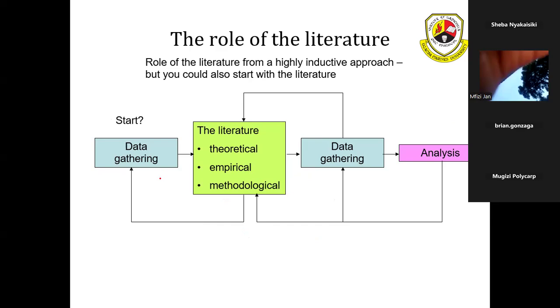So what is the role of literature? Sometimes they tell us that with qualitative research, you start collecting data before the literature review, because you're basically going out to explore. It's exploration and it is seeking description.